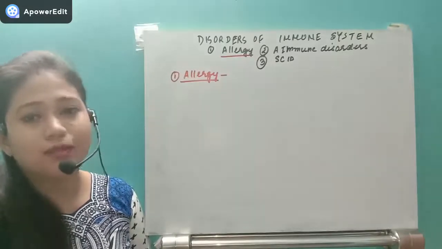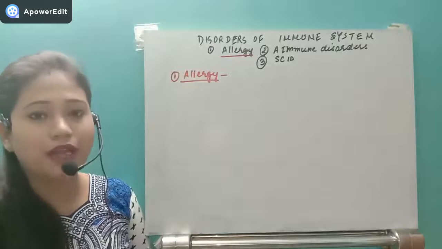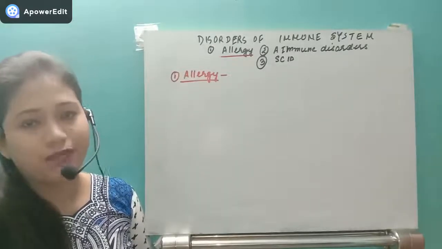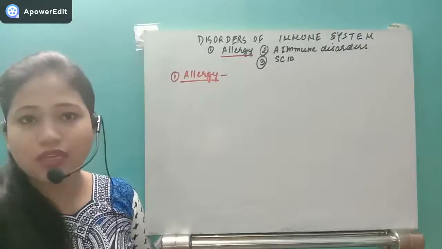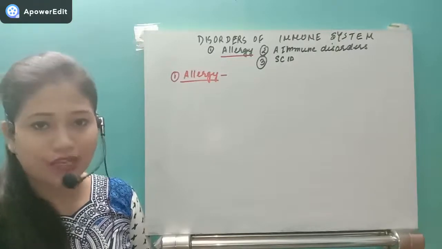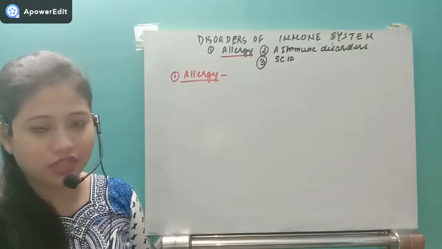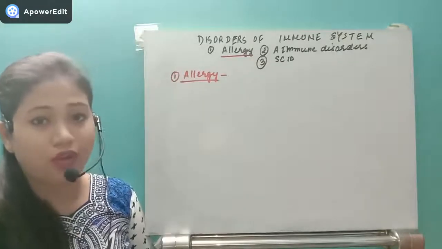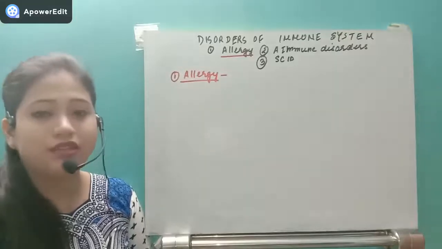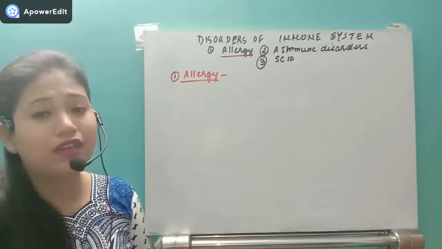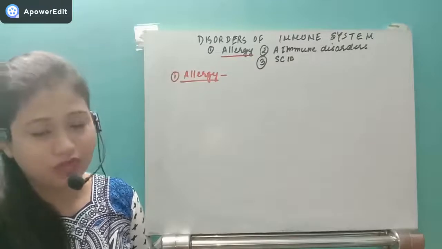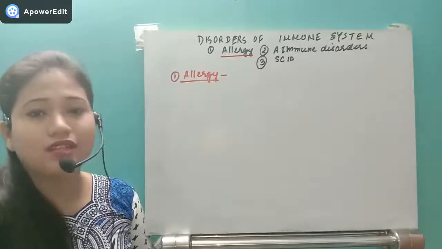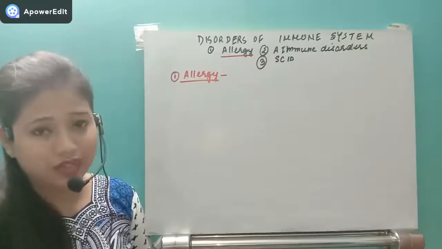Whenever something is taught by the immune system to be a foreign thing, first we have the primary immune response. In the primary immune response, allergic reaction will not take place. But whenever the secondary immune response occurs, that individual will have an exaggeratedly intensive immune response, and that can cause allergy.